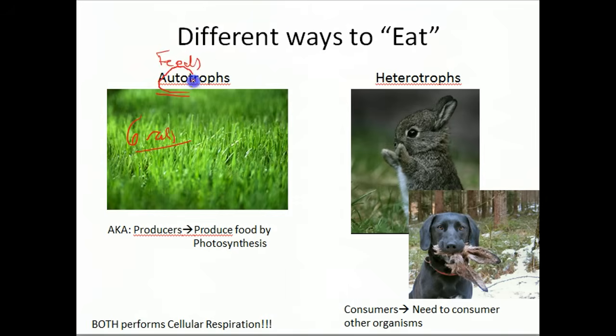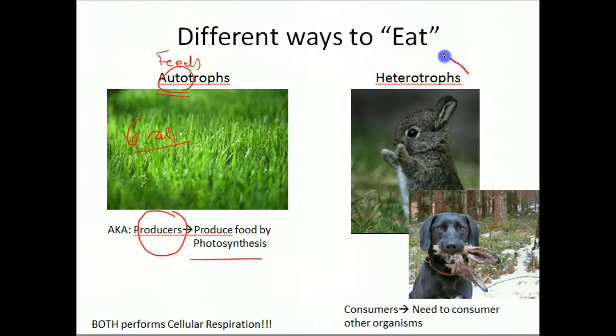Okay, so it's a self-feeder. That's for grasses and other photosynthetic organisms. It doesn't have to be grass. It can be plants, it can be bacteria even. But these are autotrophs. They make their own food. They're also termed producers because of that, and they make their own food by photosynthesis. Okay, so you know that process very well.